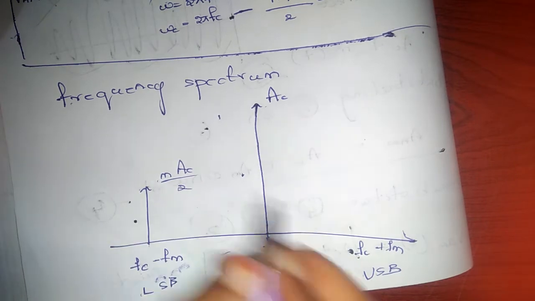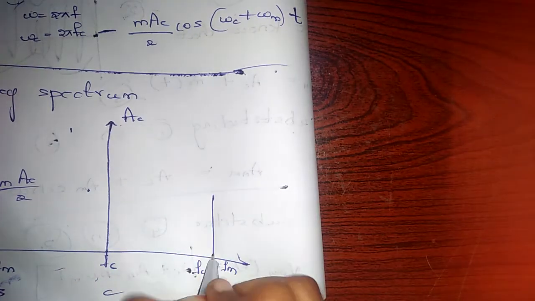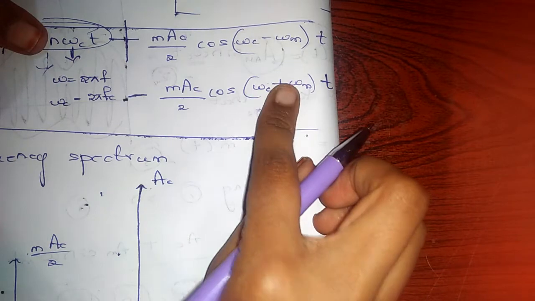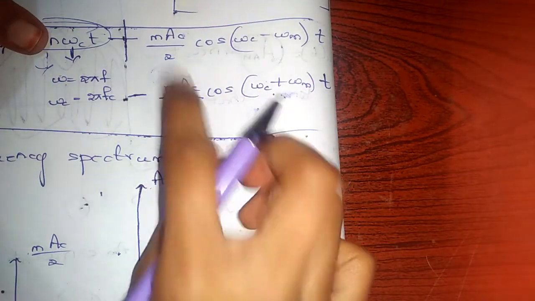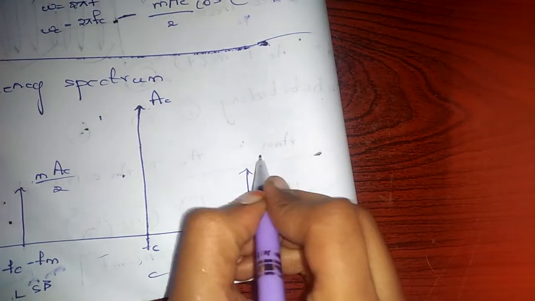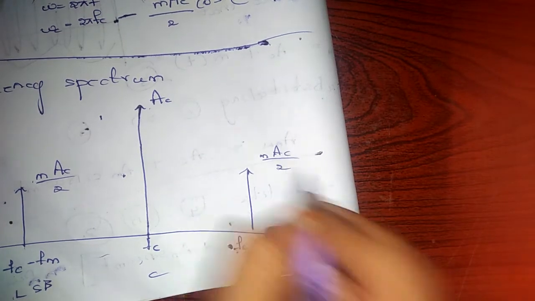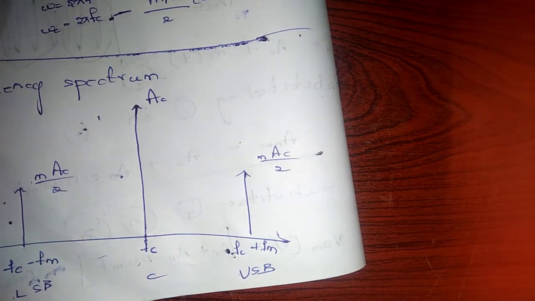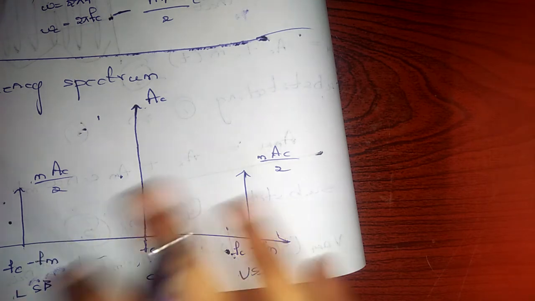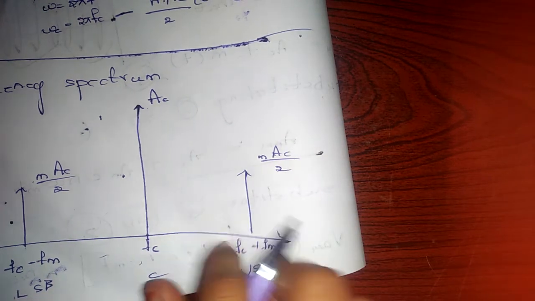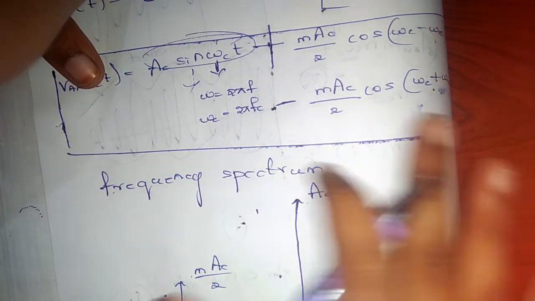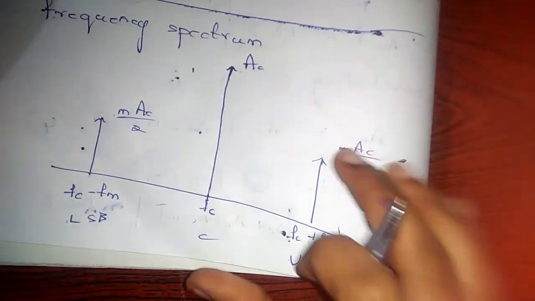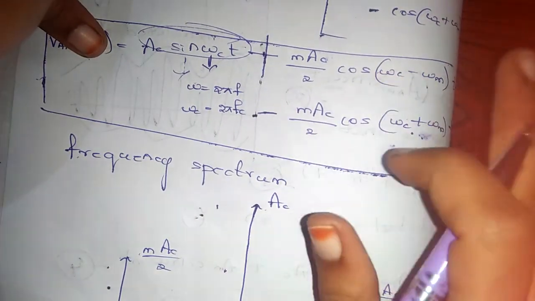And here too, for FC plus FM, we are having amplitude MAC by 2. So plotting the different frequencies of that equation in one graph is nothing but our frequency spectrum. Okay, so this is the frequency spectrum for the time domain equation in the AM.